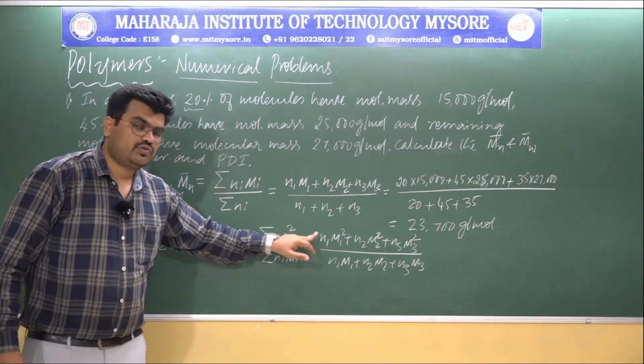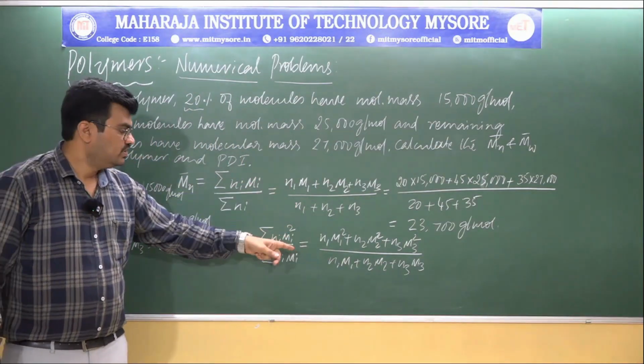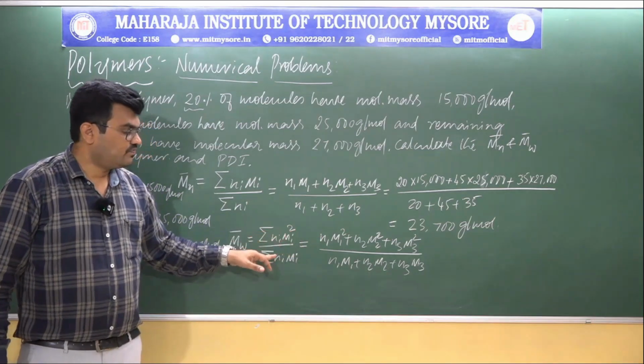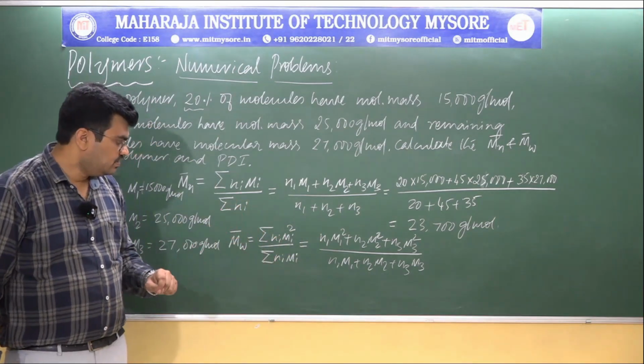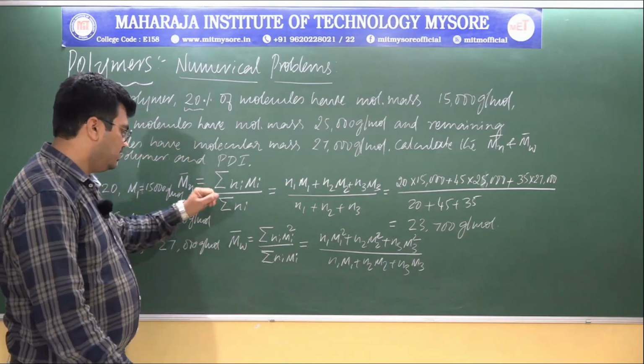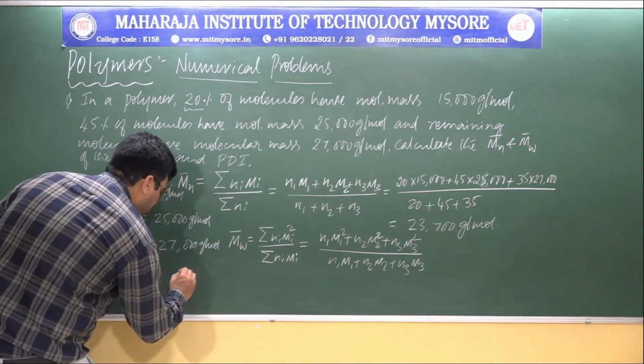You must write the formula. Don't substitute directly, because for the formula they have kept 1 mark. Now if you substitute all these values, I will start from this place.